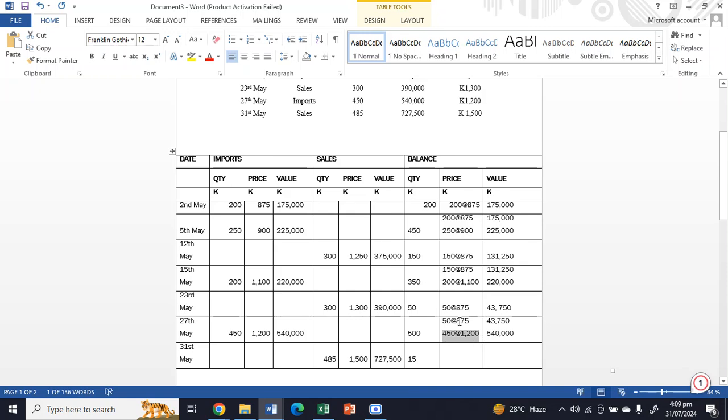Then the remainder we're going to remove from these 50 goods. The remaining 35 we remove from these 50 goods here. 50 minus 35, we remain with 15 goods at 875.